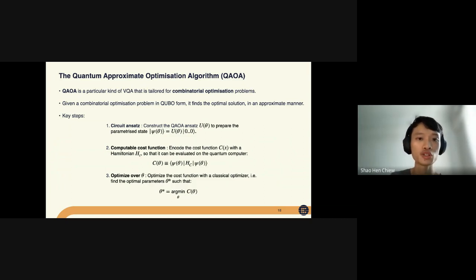But QAOA is not an algorithm like that. It's an optimization-based one. So you don't really know what the exact quantum circuits are that you need to execute. You only have a circuit ansatz. And it's by varying the parameters of this ansatz that you variationally find the solution to your optimization problem. In that sense, it is quite different.